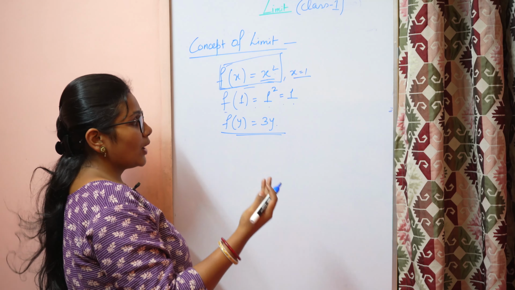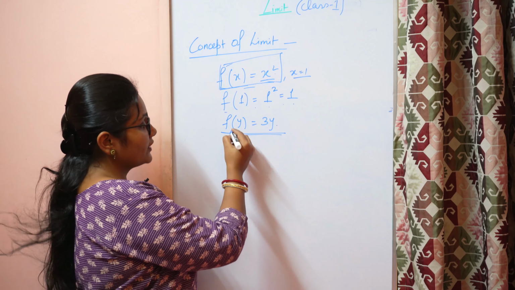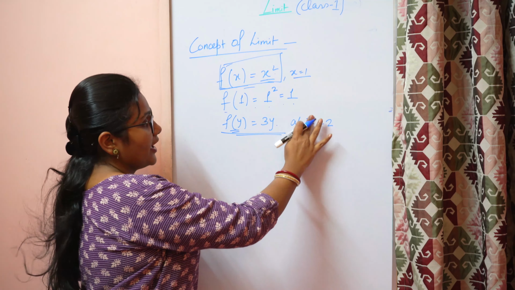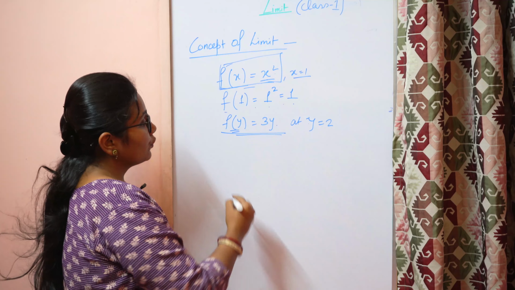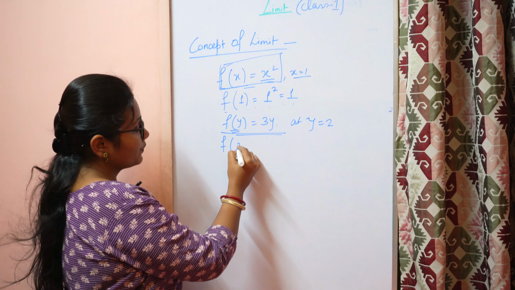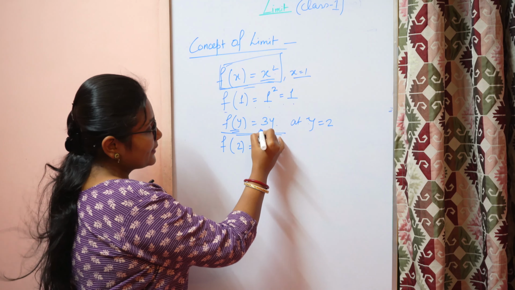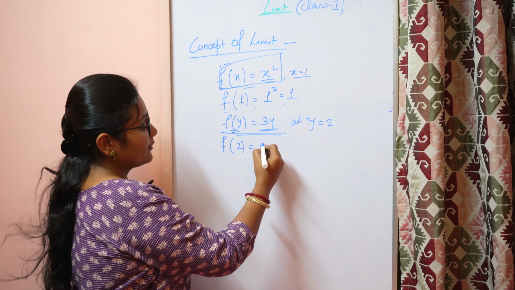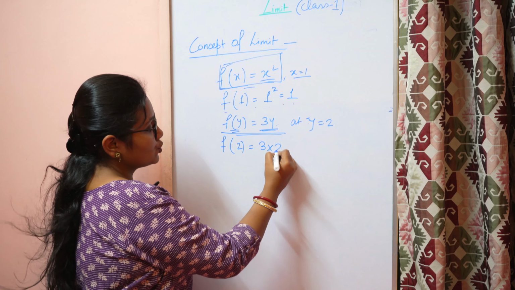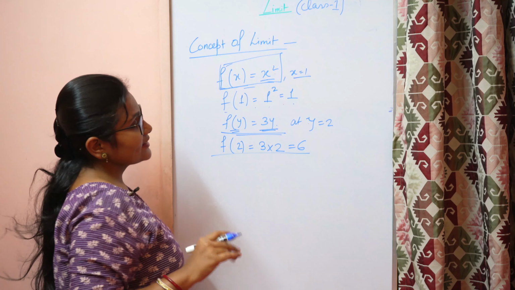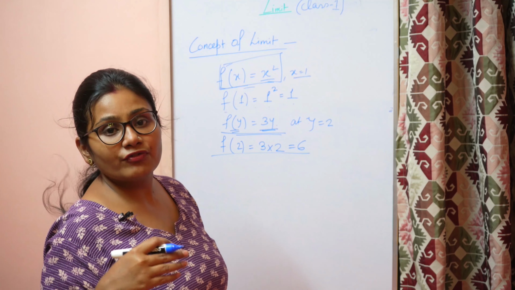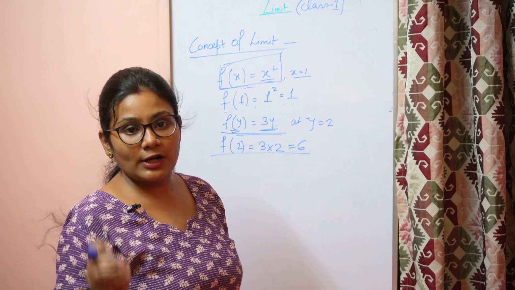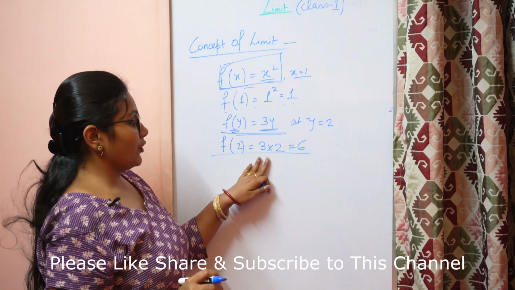Now if you want to find out the value of this f(y) at y is equal to 2, what will be the value of f(2)? That means in place of y you have to put 2, that means 3 into 2, that is 6. This is the concept of function only, how we will find out the value of a particular function at a particular point.